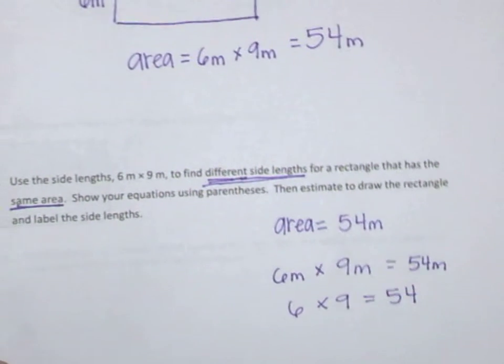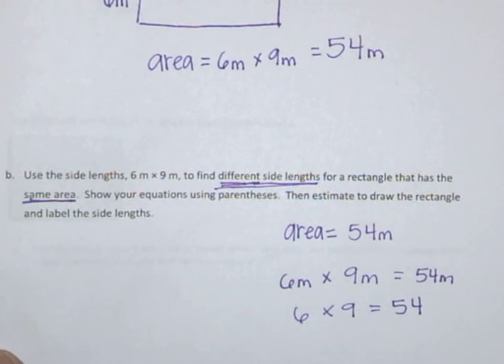So remember when we were having to use the distribute and break apart strategy? Sometimes we would have to break down a number into smaller chunks. So would it make more sense for us to break down 6 or for us to break down the larger number 9? Take a moment to see if you remember that.